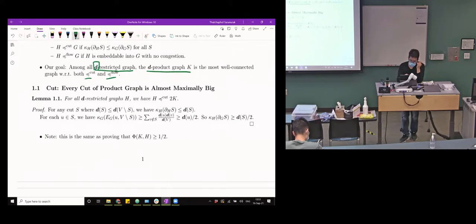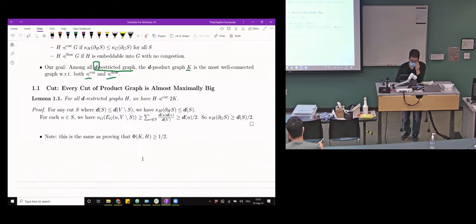That is, this D product graph is the most well connected one. It will not be exact, but at least what I will prove is that basically every cut in the product graph is almost maximally big.